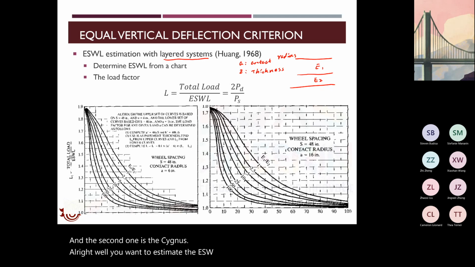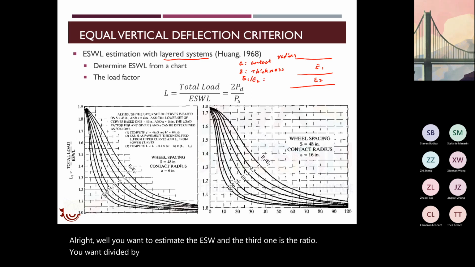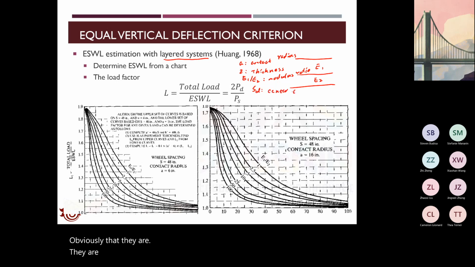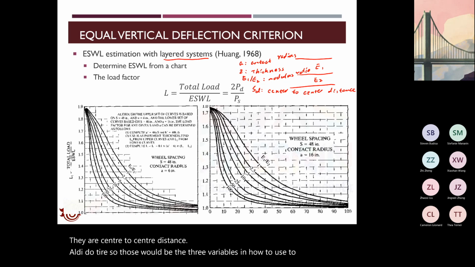The third one is the ratio E1 divided by E2, which is the ratio of the moduli. And the last one would be the spacing, the center to center distance of the dual tire. So those are the variables you have to use to find out the ESWL.